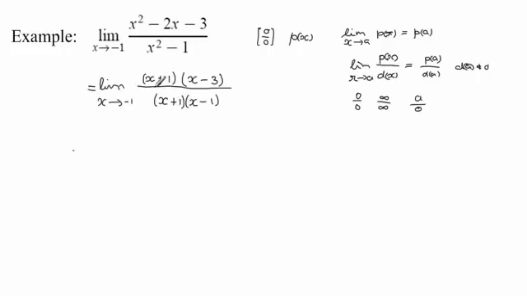What we note here is that now we've got a common factor in the numerator and denominator, which will simplify to 1. Then the equivalent rational expression that remains is the limit as x is approaching minus 1 of x minus 3 over x minus 1.